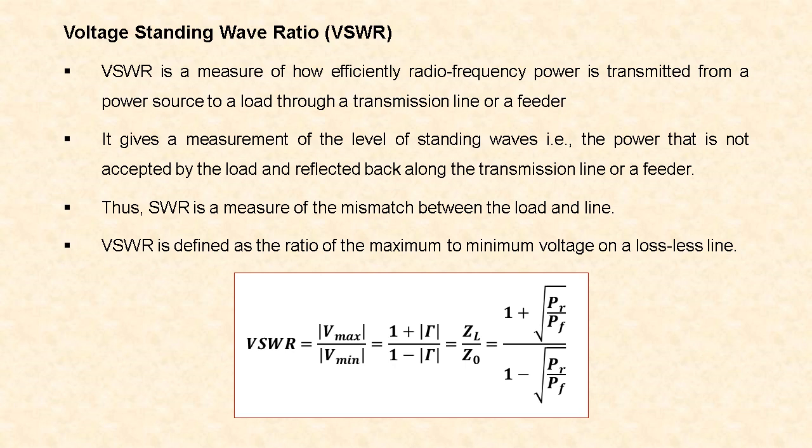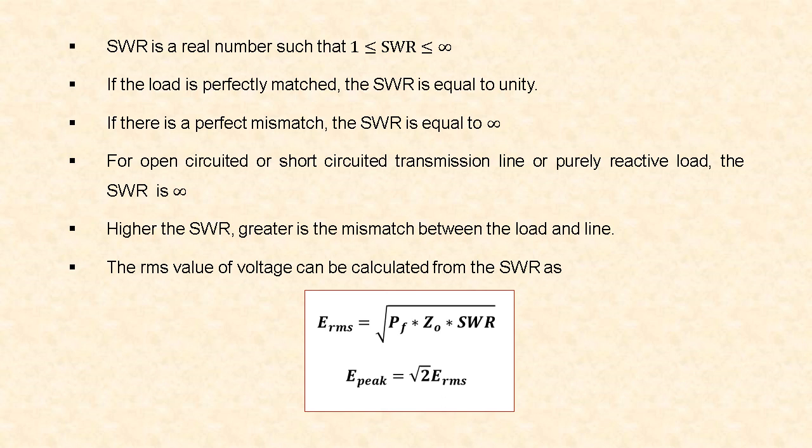This voltage standing wave ratio is also equal to (1 plus square root of PR by PF) divided by (1 minus square root of PR by PF). PR is the reflected power and PF is the forward power. The standing wave ratio is a real number and its value ranges from 1 to infinity.